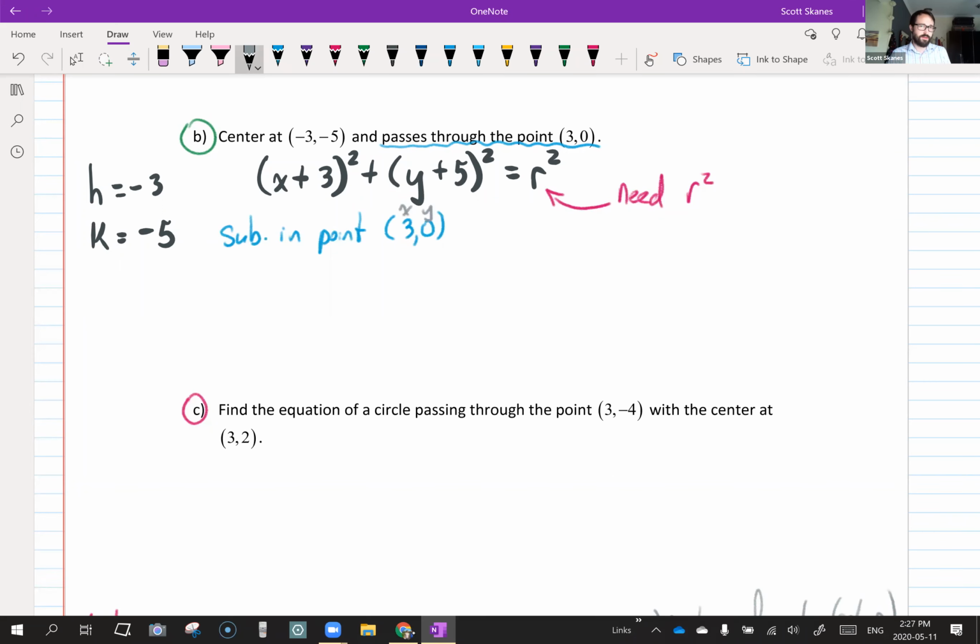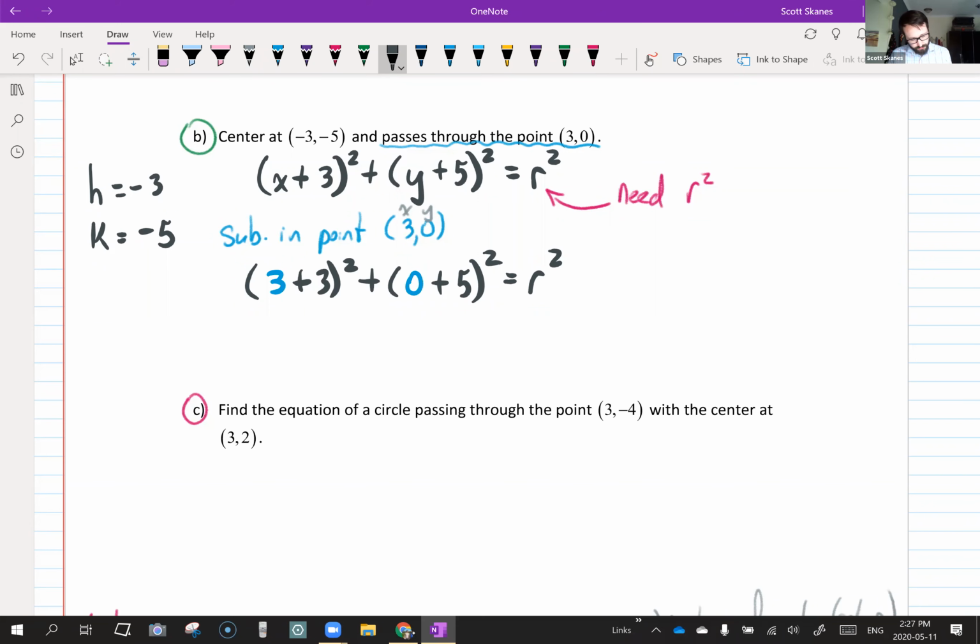Let's substitute those values in. See what we get. So we end up getting 3 plus 3 squared plus 0 plus 5 squared equals r squared. And now you'll notice the only missing piece is r, or r squared. We can actually just solve for r squared and we'd be okay here.